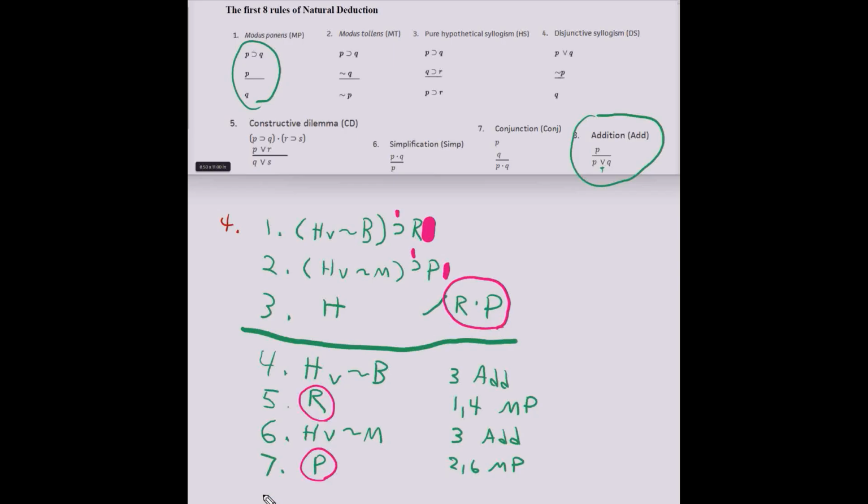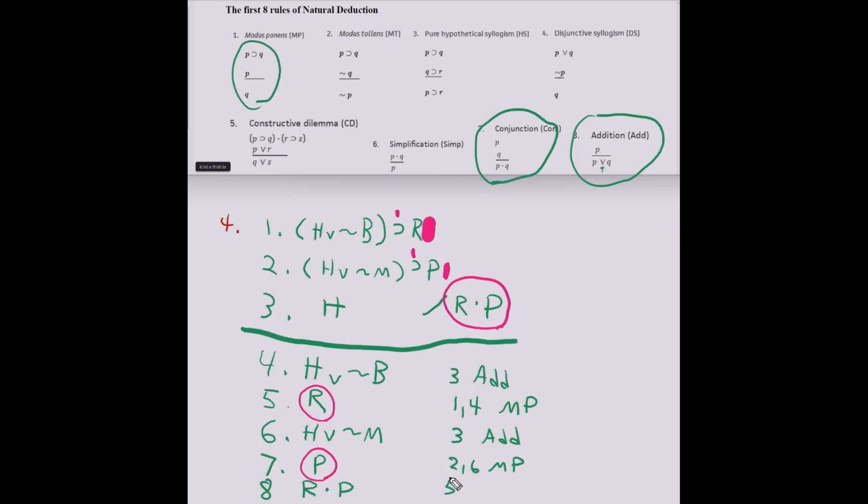I have R, I have P, and that's just what the conjunction rule does. It allows me to take what I have on two lines and bring it to one by using conjunction. Because I know R is true, I know P is true, and so I know R and P is true. And that is just the rule of conjunction.